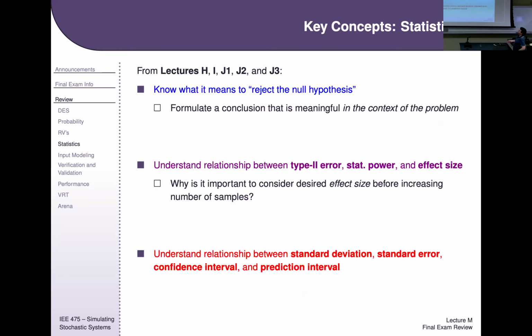And so just some hints there. Know what it means to reject the null hypothesis. Sometimes we want to reject, I say want, so how do you determine what it means to detect a difference from the null? There are some cases where detecting a difference is a positive result.